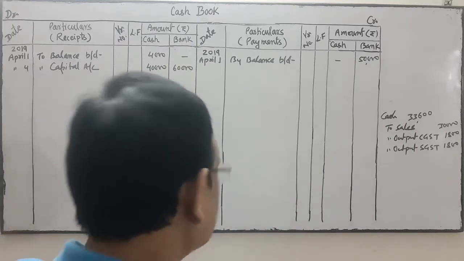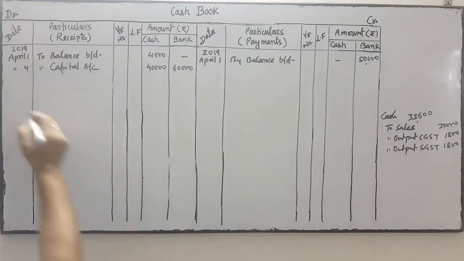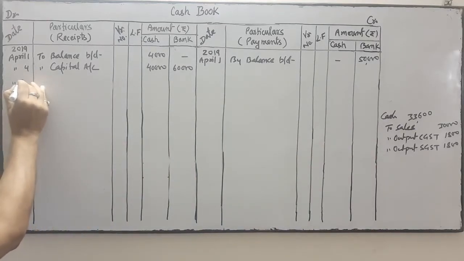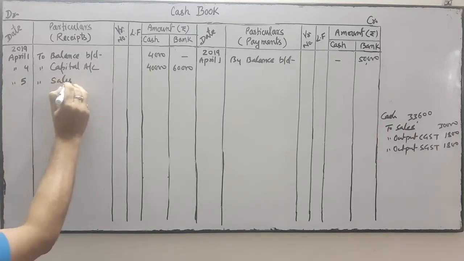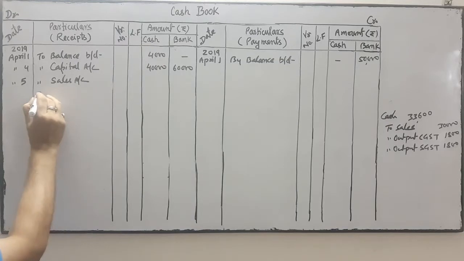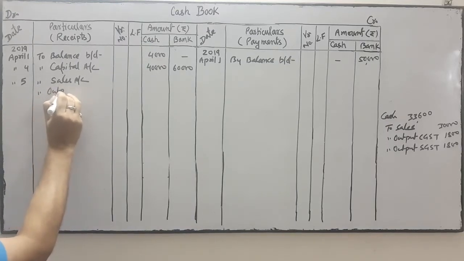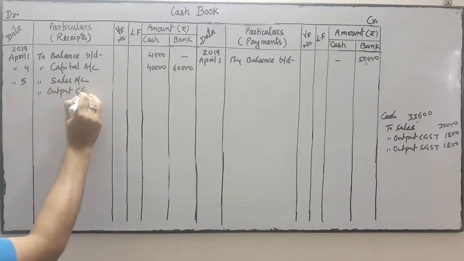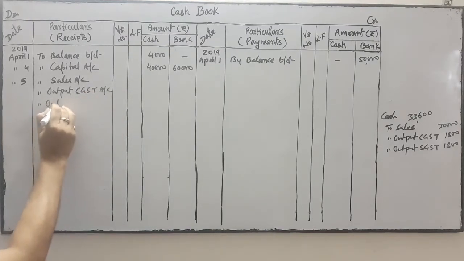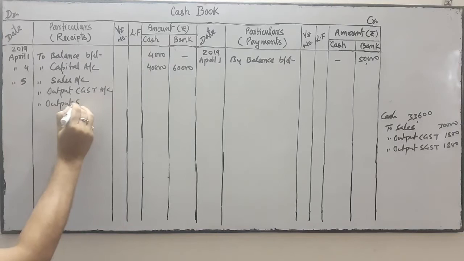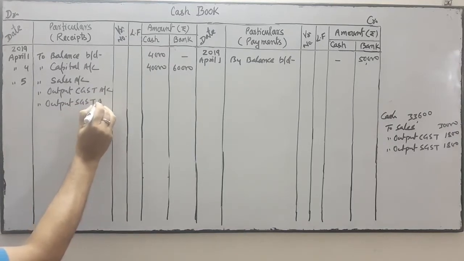So cash is on debit, we will write it on the debit side. Date is 5, to sales account, to output CGST account, to output SGST account.